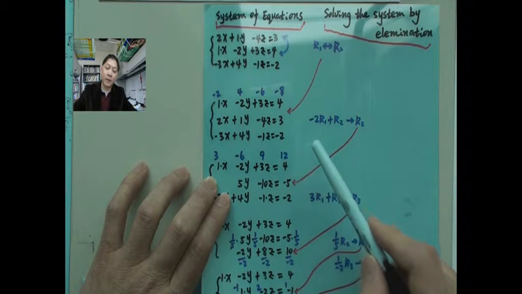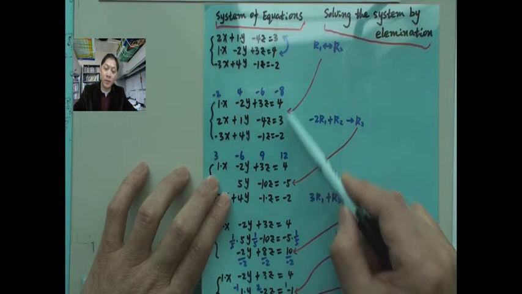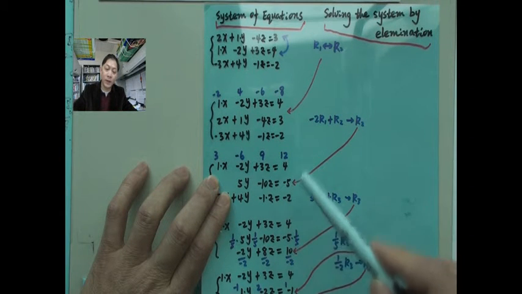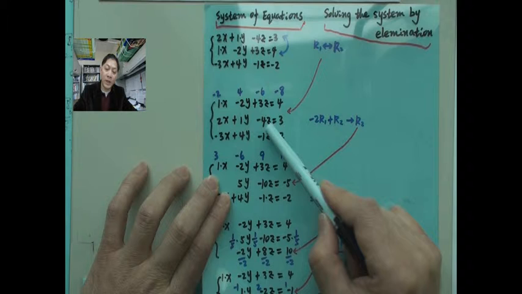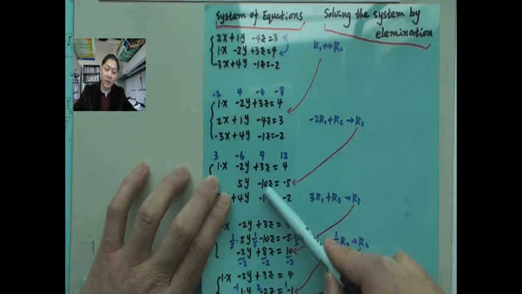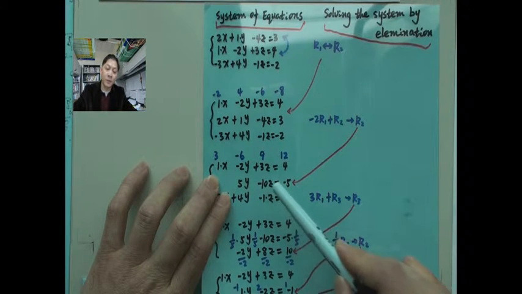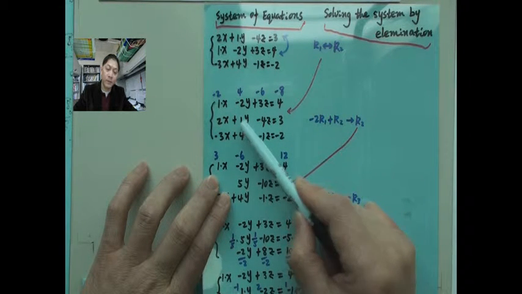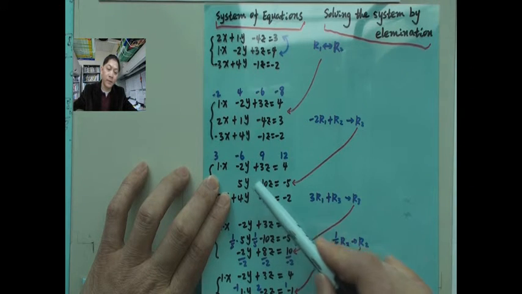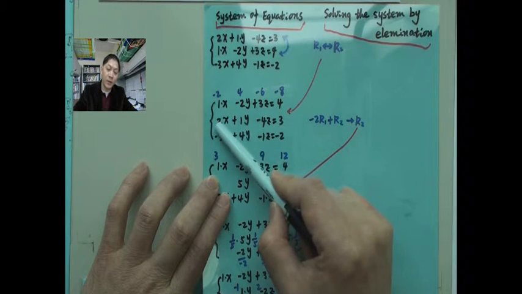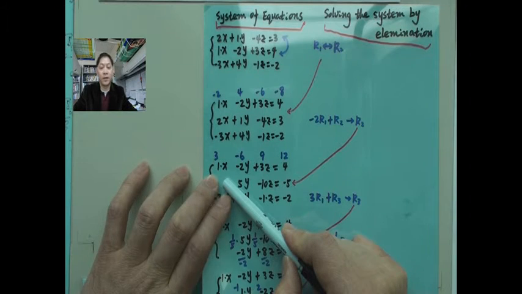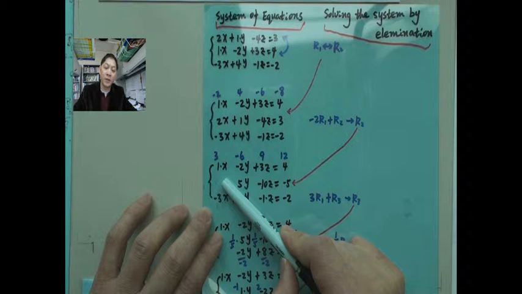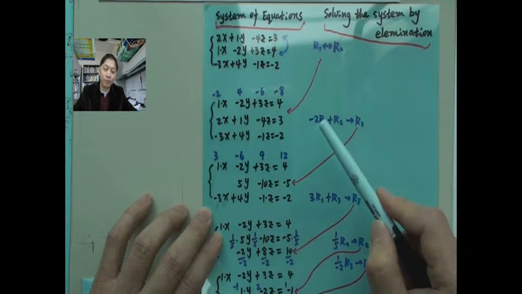One more time: negative 8 plus 3 is negative 5. Negative 6 plus negative 4 is negative 10z. Positive 4 plus 1 is 5y. Negative 2x and positive 2x cancel each other. You may put 0 here, or you may leave this place empty.